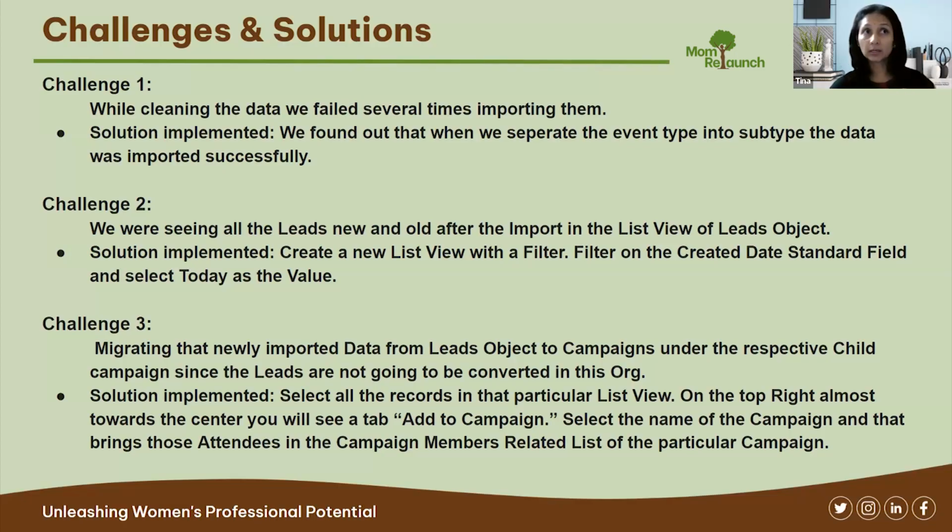And underneath the book club, which is the parent campaign, we would have the child campaign, which would be under the name of that respective speaker. So we were dividing that event type into two categories. The first would be Mom Relaunch Power Hour or Mom Relaunch Book Club, and then the subtype would be the name of the speaker. When we were doing it this way, it was letting us successfully import the data.